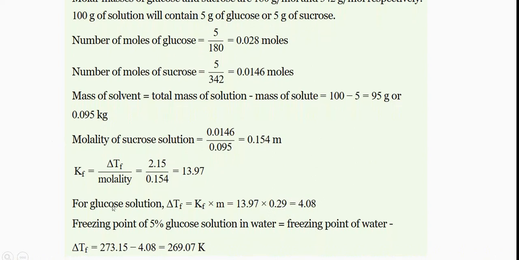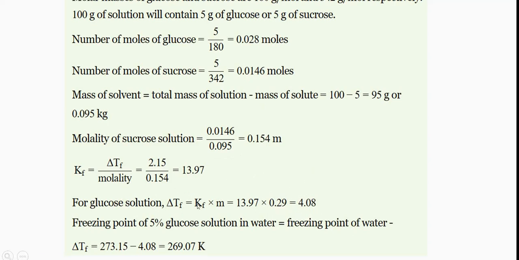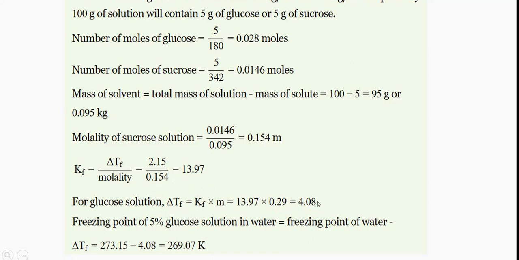Right? So for glucose solution, the depression, or the difference in freezing point, is equal to the molar depression constant we obtained, 13.97, into molality. Molality is 0.29, which we just obtained by dividing the number of moles by the total mass of solvent. So we got the value del Tf is equal to 4.08. That is, the difference in freezing point is 4.08.